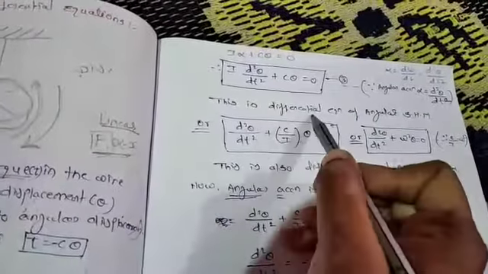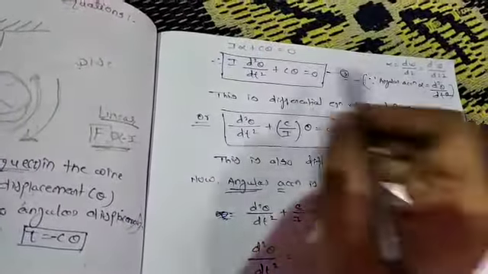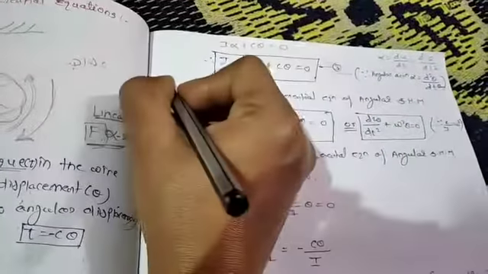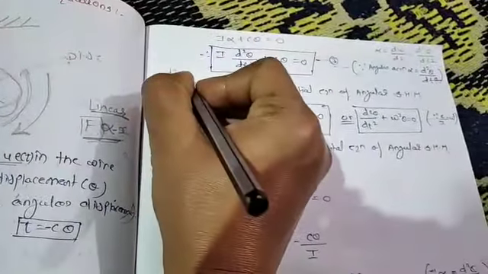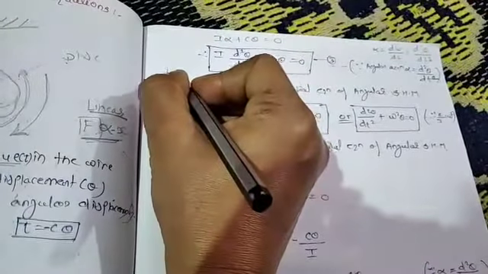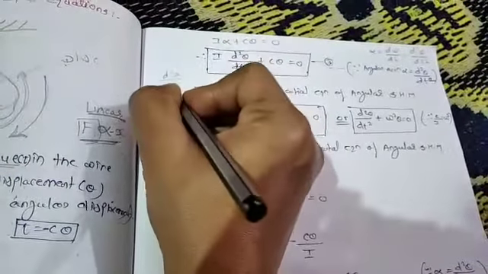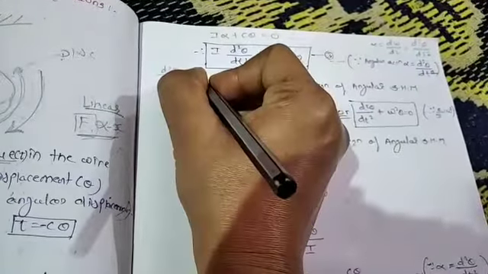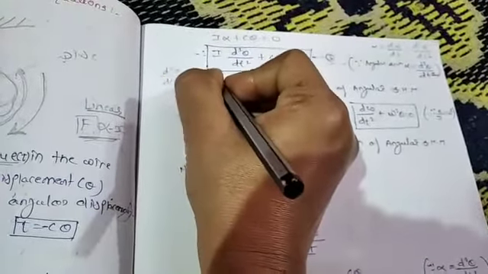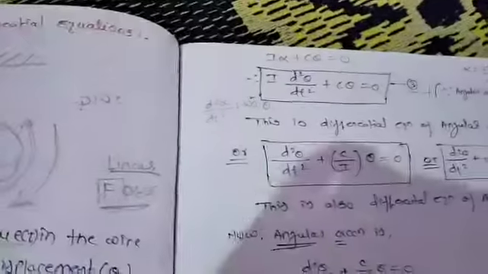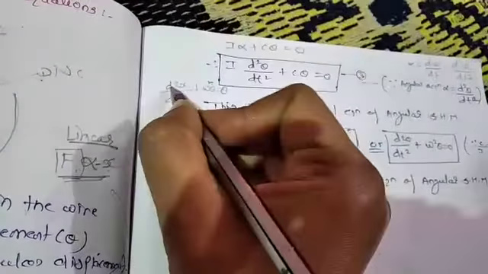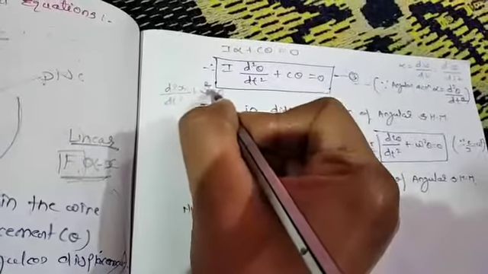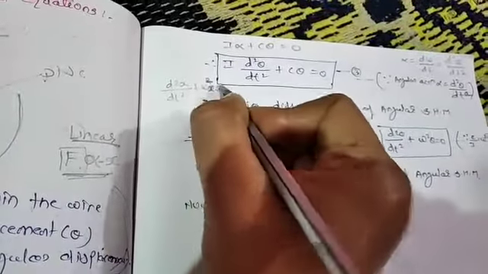This is one form of the differential equation of angular SHM. For the linear SHM, we compare: what was the equation? d square x upon dt square plus omega square x is equal to 0.